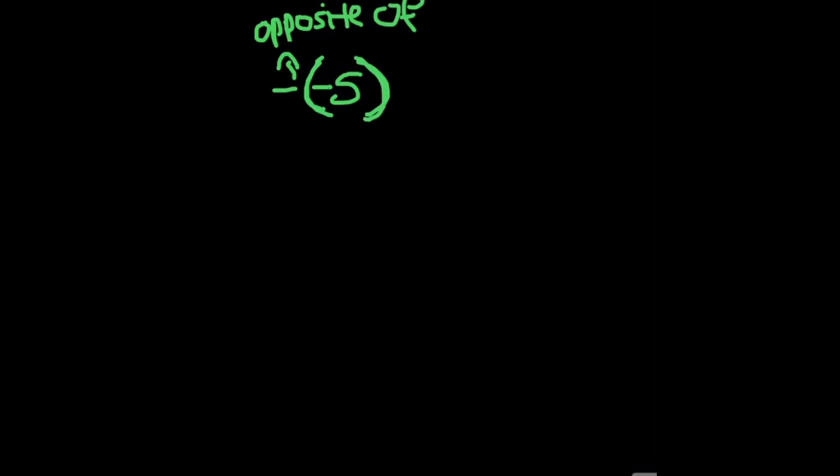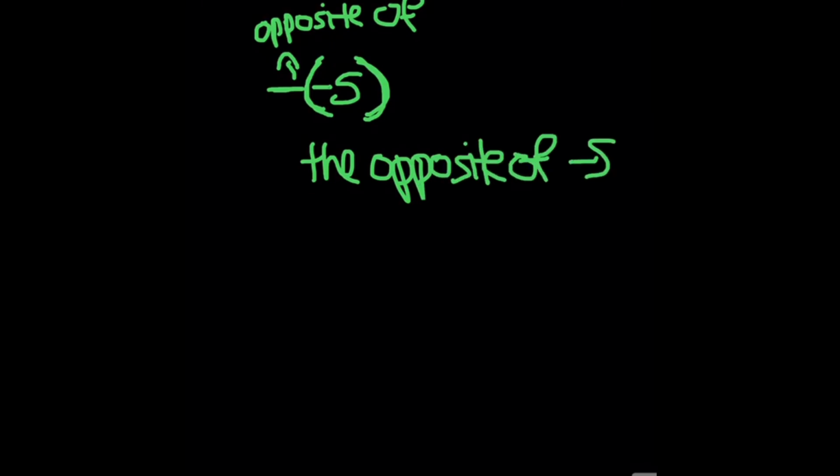Because it was -5 in parentheses and the sign is outside of the parentheses. That tells me it's the opposite of. So the opposite of -5 is 5.